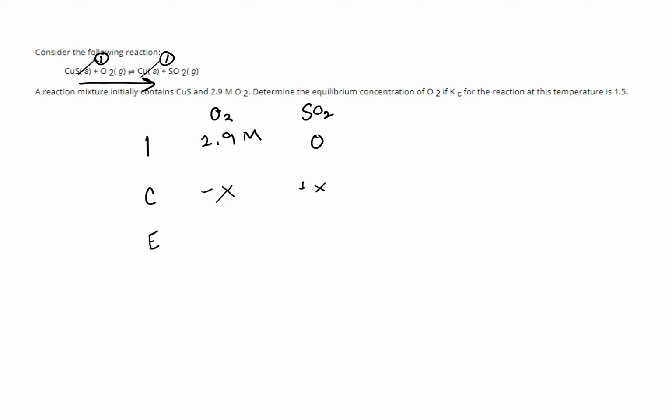It's going to go up plus x. So fairly straightforward example here. So at equilibrium, we can express our equilibrium concentration of oxygen as 2.9 minus x moles per liter, and we can express our sulfur dioxide as just x.